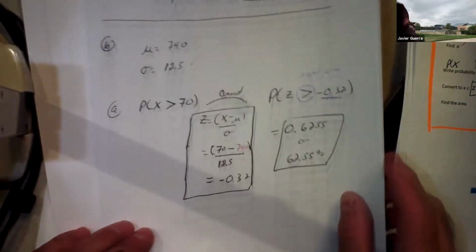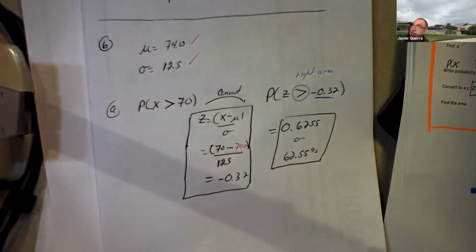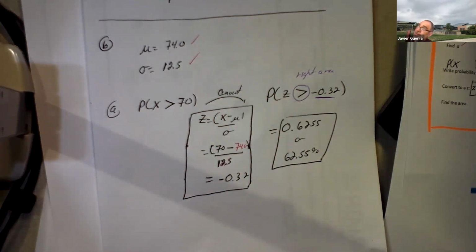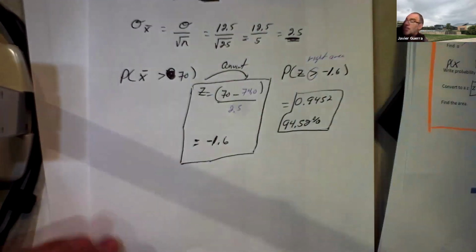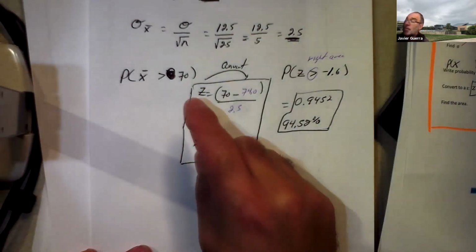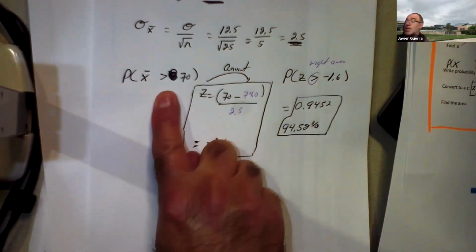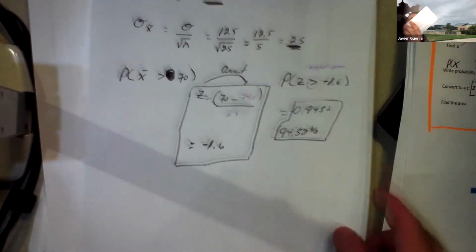All right, so we did a less than. We did an example of one sample less than, multiple samples less than. We did an example of one sample with greater than. We did an example of multiple samples with a greater than. We're missing one more. What are we missing?